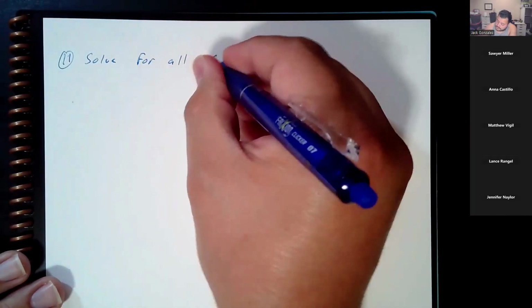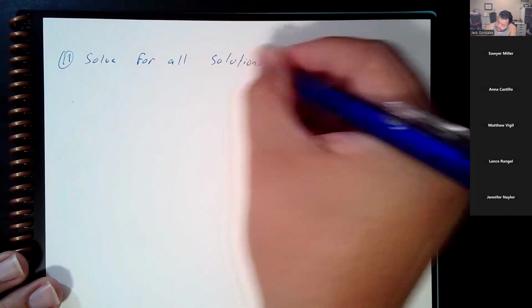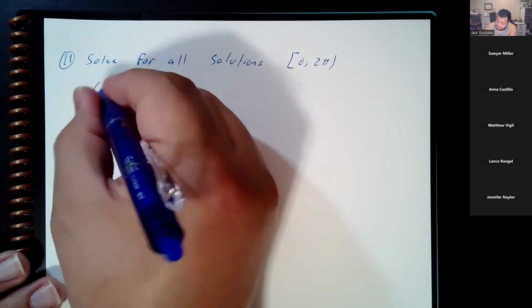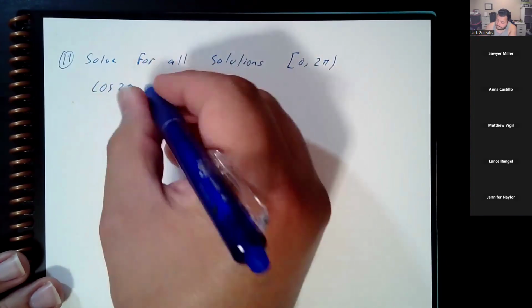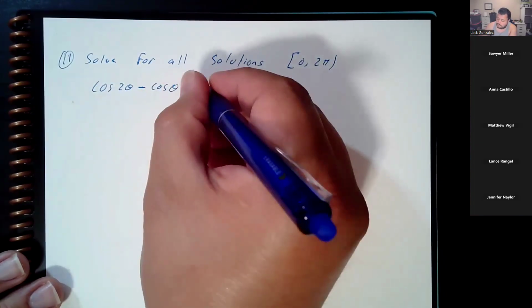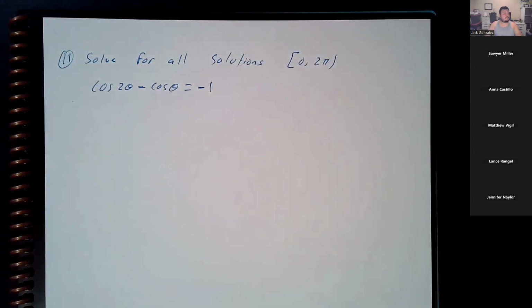So solve for all solutions on the interval 0 to 2 pi. How would y'all approach this one?